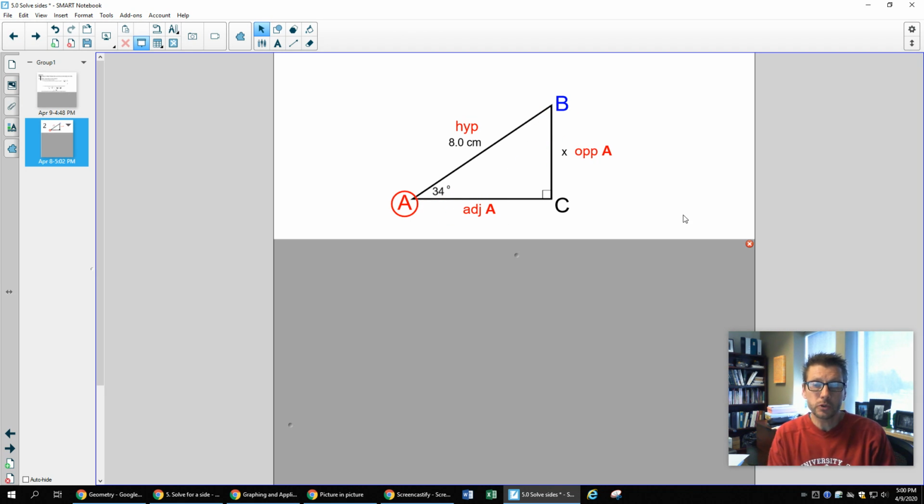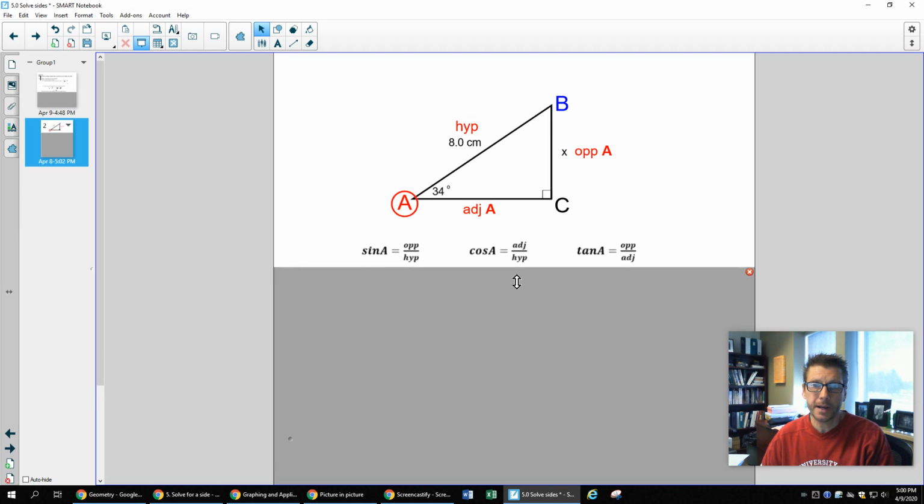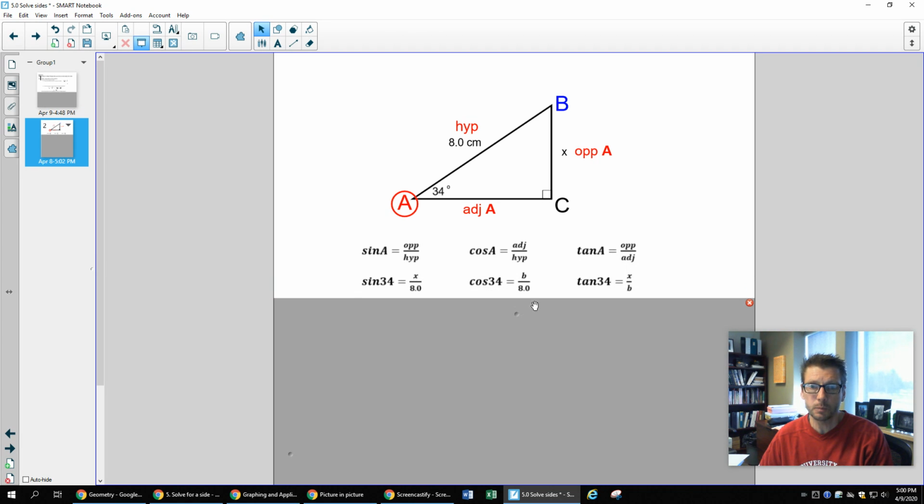So when we're going to solve trig problems, we want to know what angle we're talking about, and we want to know that we can label the three sides properly, just like you did when we were doing the questions before. So the next thing we're going to do for the first few examples is write out what the three ratios are: sine of A, cos of A, and tan of A. So again, we label the triangles. We've got three ratios. We want to write those three ratios out.